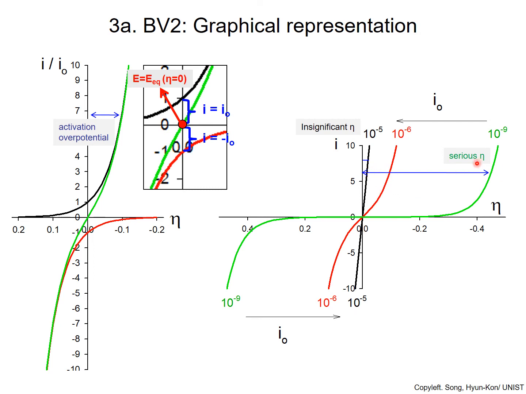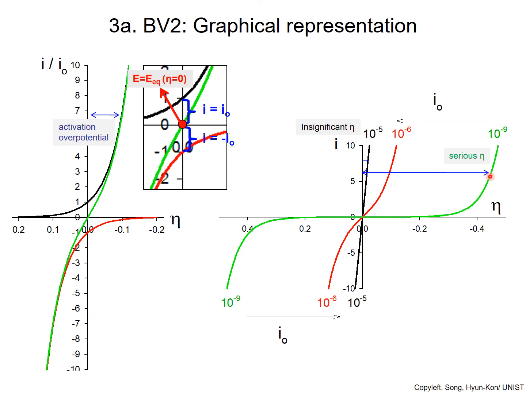So this is the overpotential from the y-axis to the current curve against the overpotential. Then we could say with smaller values of exchange current, we can observe the serious overpotential.